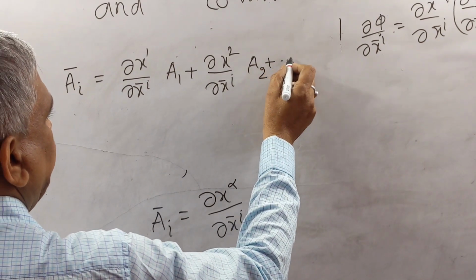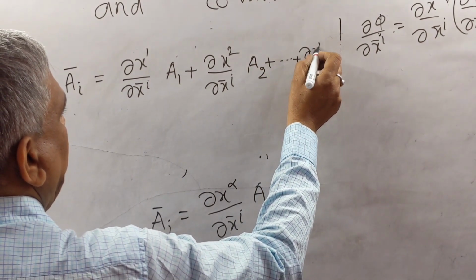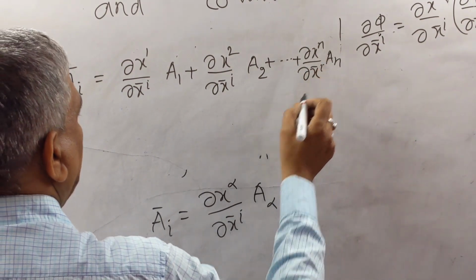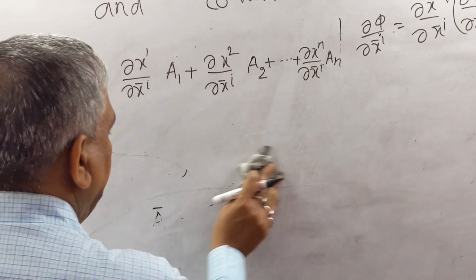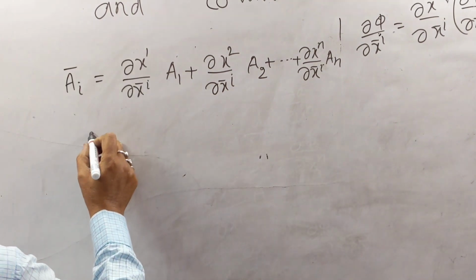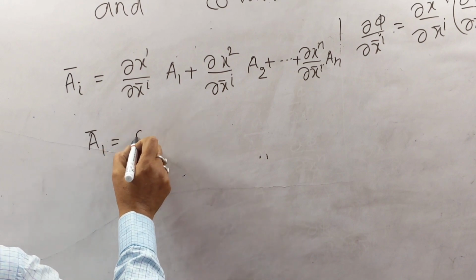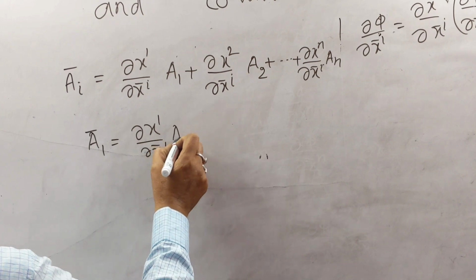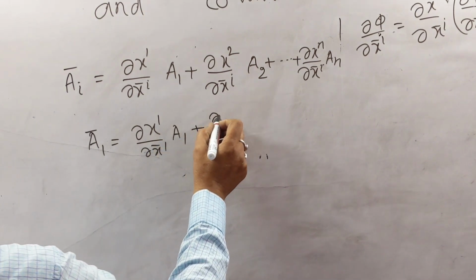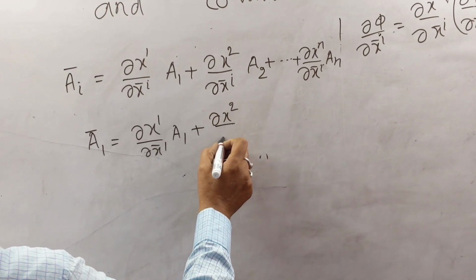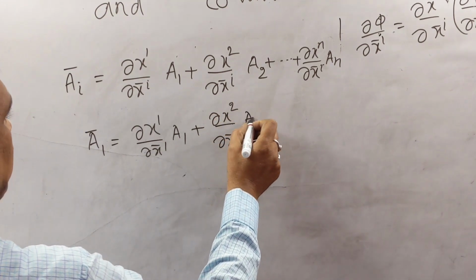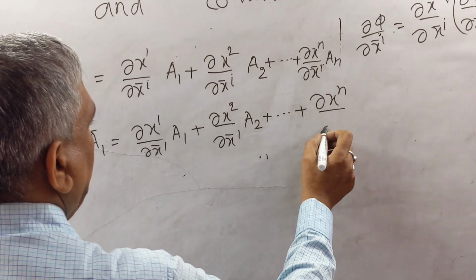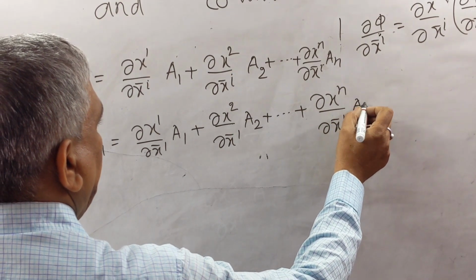Putting i equal to 1 to n, we get a bar 1 equals del x1 by del x bar 1 a1 plus del x2 by del x bar 1 a2 plus ... plus del xn by del x bar 1 an.